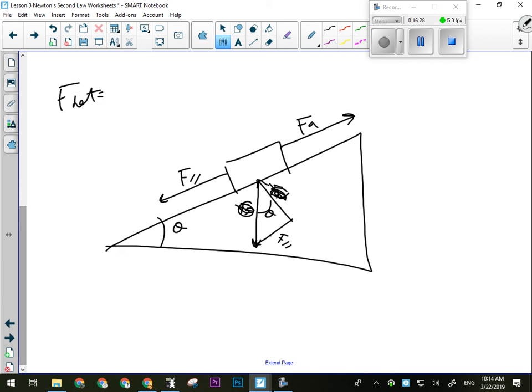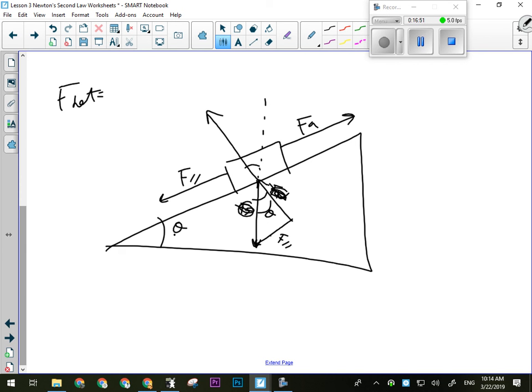As we said yesterday, when I bank this, gravity pulls this way and normal force pulls this way instead of straight up and down. Because they're offset, this angle is this angle. And then by law of similar triangles, this angle and that angle are the same. Follow me there?